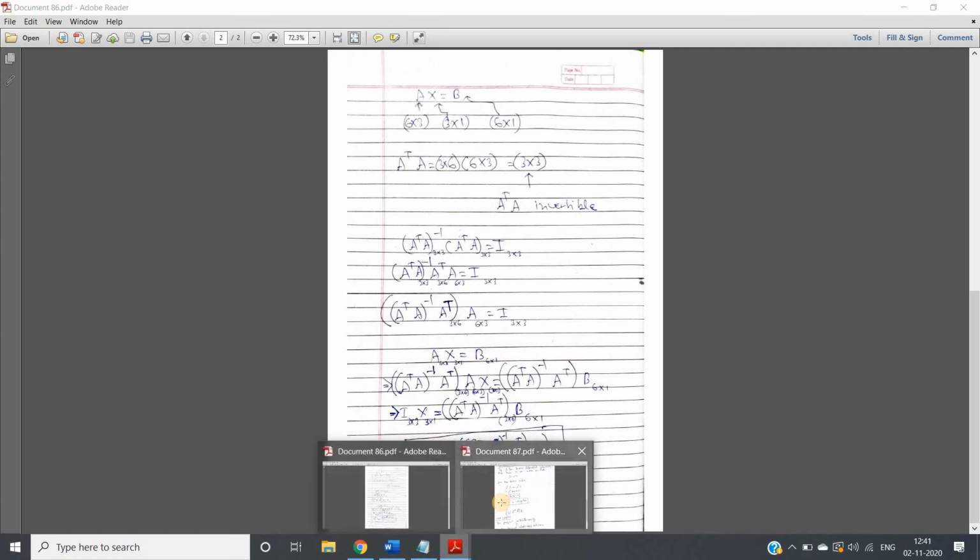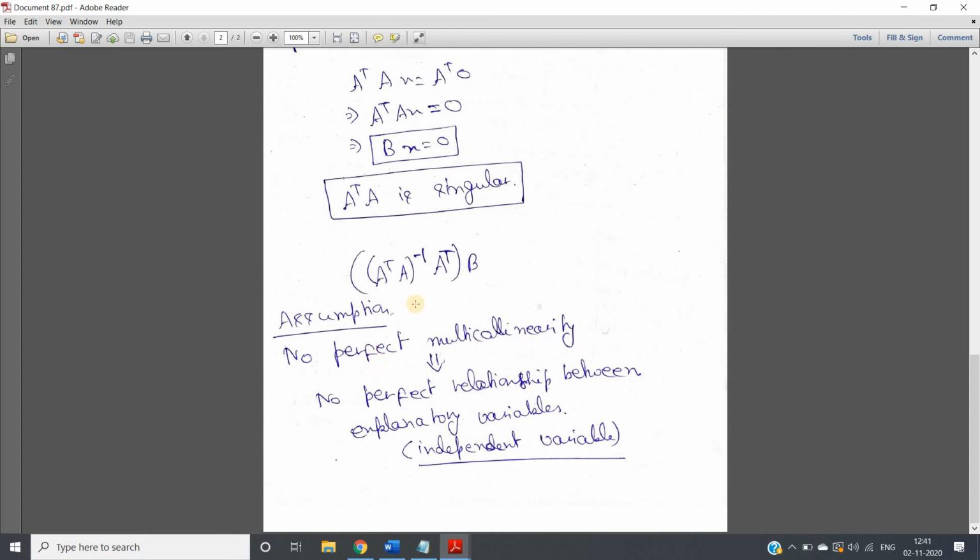A very important conclusion: this formula will not be valid at all if the A matrix has linearly dependent columns. So the assumption for multiple linear regression is no perfect multicollinearity, that is, no perfect linear relationship between input features, or independent variables, whatever are the columns of my A matrix, whatever are the input features of my data set.